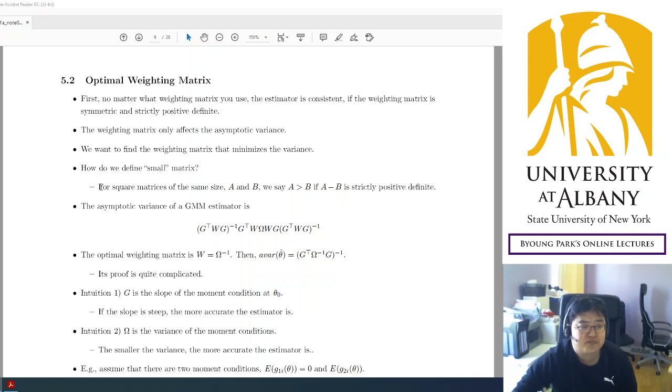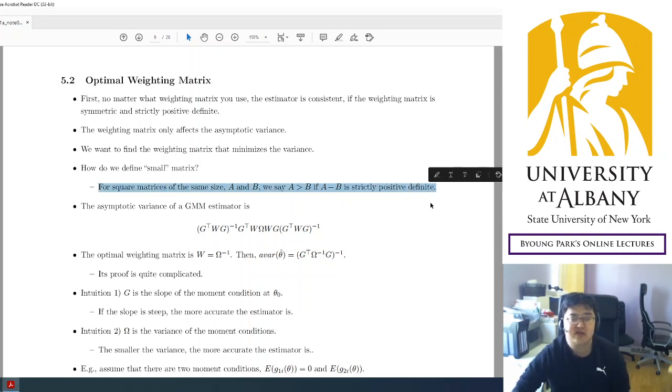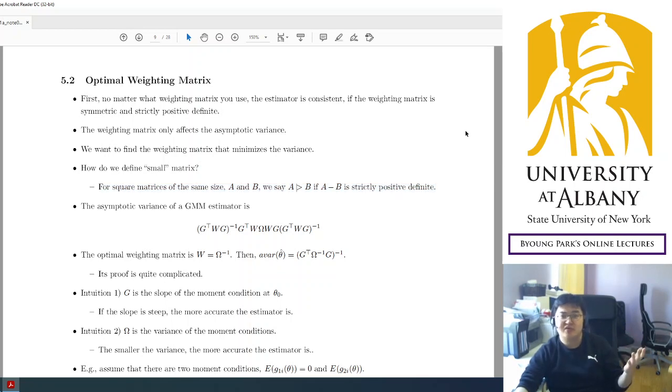When the variance is one-dimensional, the inequality is straightforward: the smaller the variance, the better. But when they become covariance matrices, you have to use this definition for the inequality. Sometimes no inequality holds between these 2 matrices.